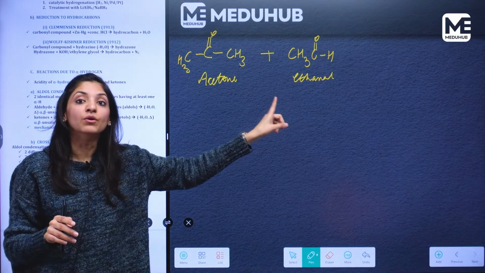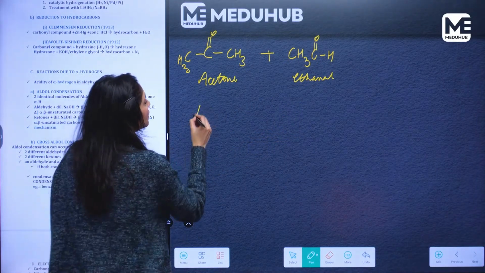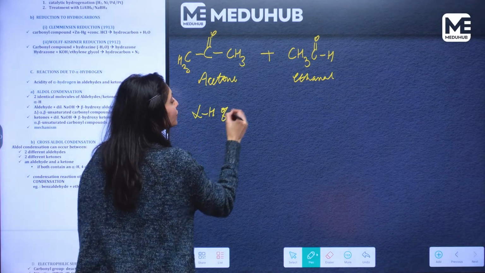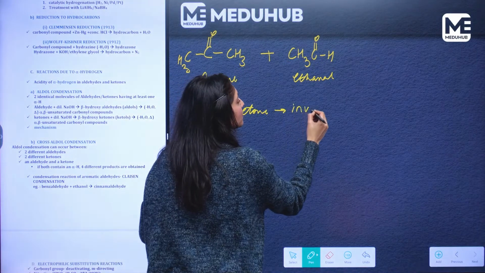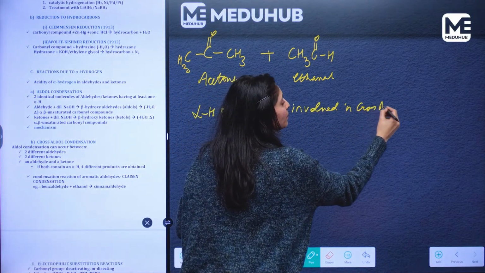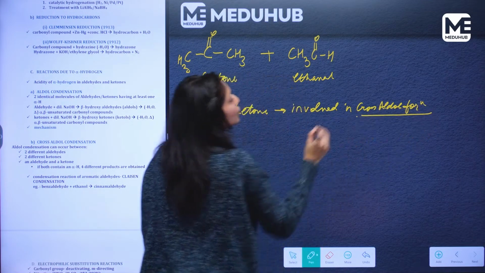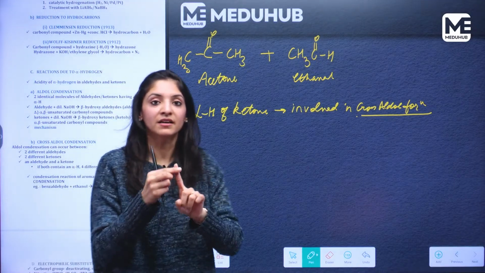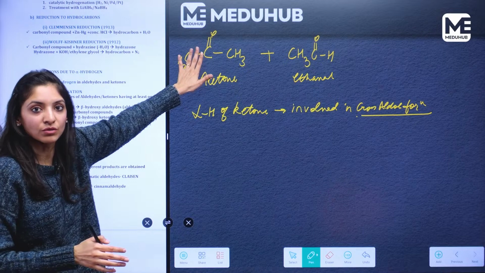In such a scenario, only the alpha hydrogen of the ketone is involved in cross aldol formation. So the first product, understand again, will be a simple aldol product between acetone and acetone.